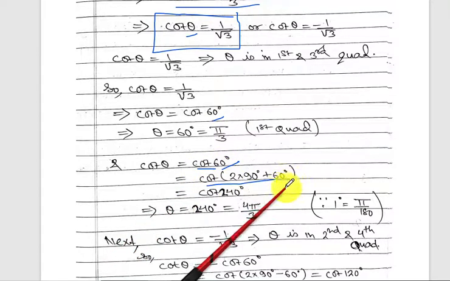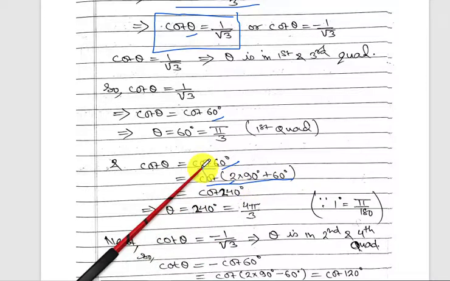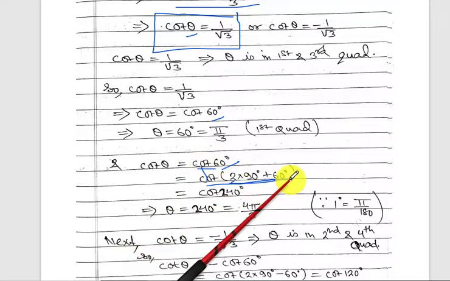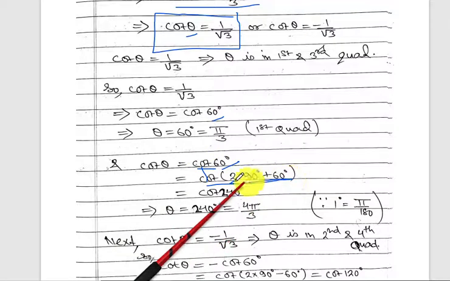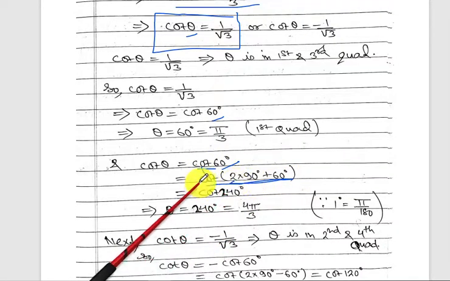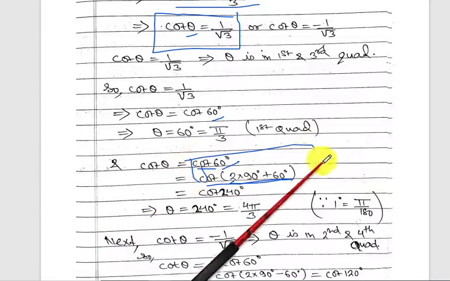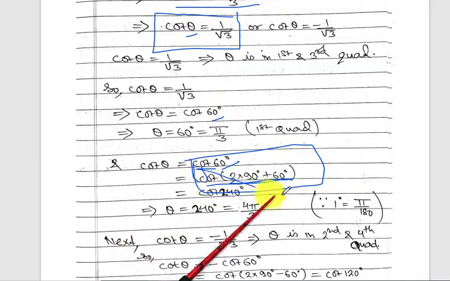Okay, because here 2 is even, so cot will remain cot only. Whole angle lies in third quadrant, and in third cot is positive, so it's positive. So you get cot 240, that means 4 pi upon 3.